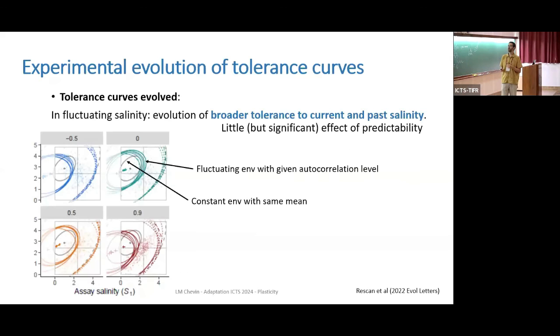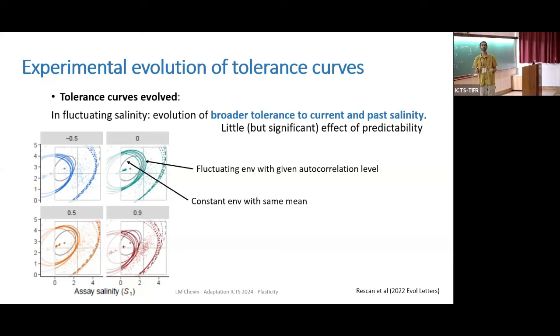So that's it. We were basically trying to bridge all these results about plasticity at different levels: at the genotype, at the phenotype, at the level of fitness. What we were expecting was that if you were in environments that tend to covary in this way, then the whole thing would rotate, and how fitness depends on current and past environment would have rotated to match the pattern of covariation in the environment.